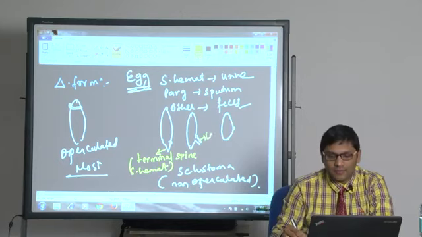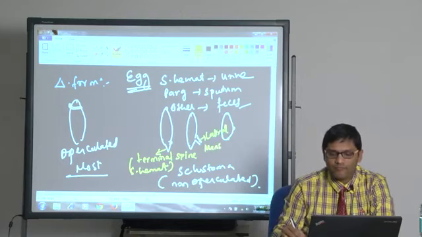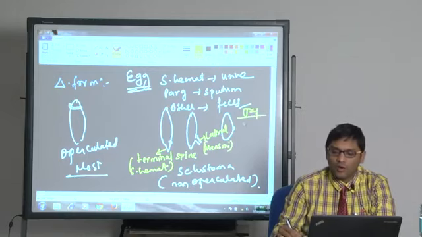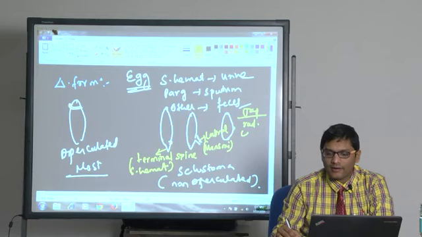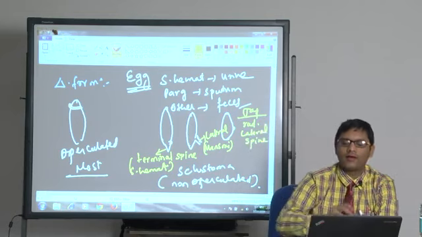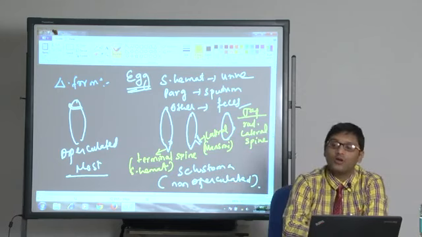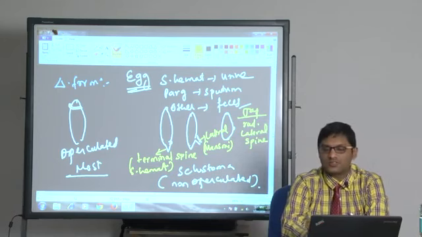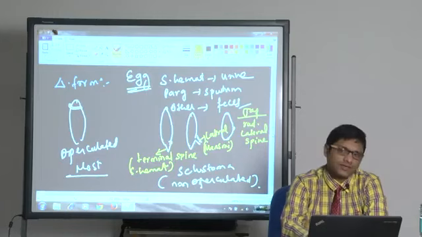Mansoni has a lateral spine. And Japonicum has a rudimentary lateral spine. This is how the 3 important Schistosoma species can be differentiated from each other.